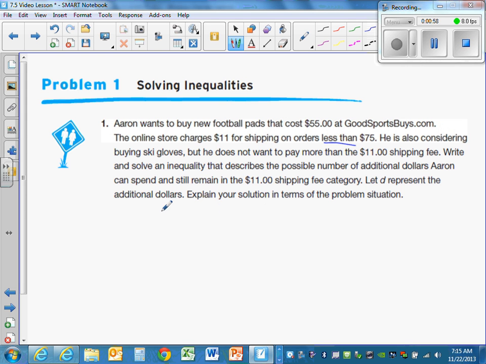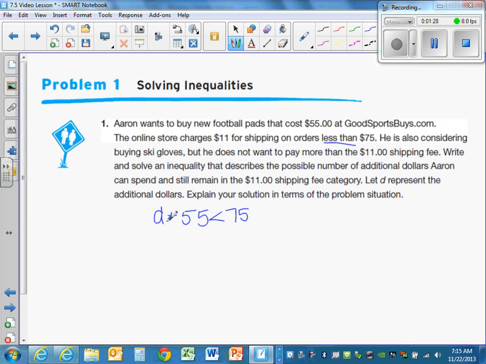Well, here's the additional dollars, D, that Aaron might spend on gloves, plus the $55 that his football pads cost, and that total needs to be less than $75 to stay in the $11 shipping. We can simplify this just the same way we did with our equations by doing inverse operations, the opposite operations.